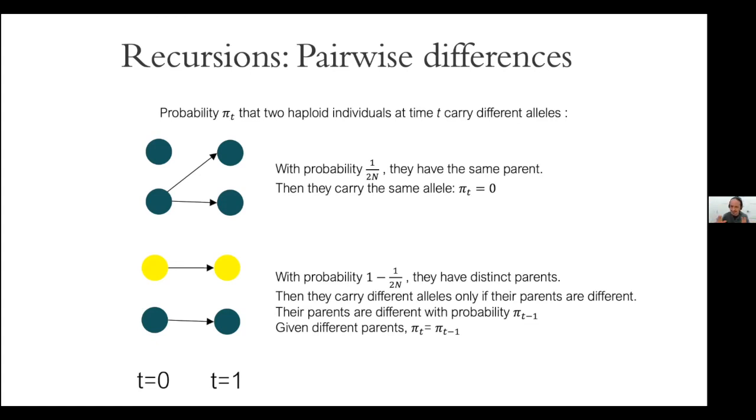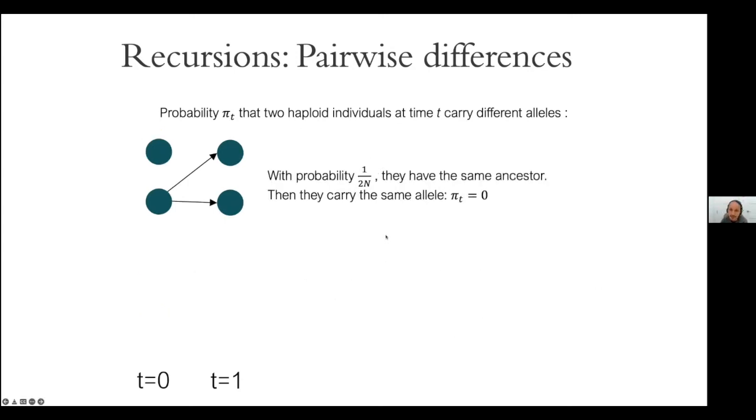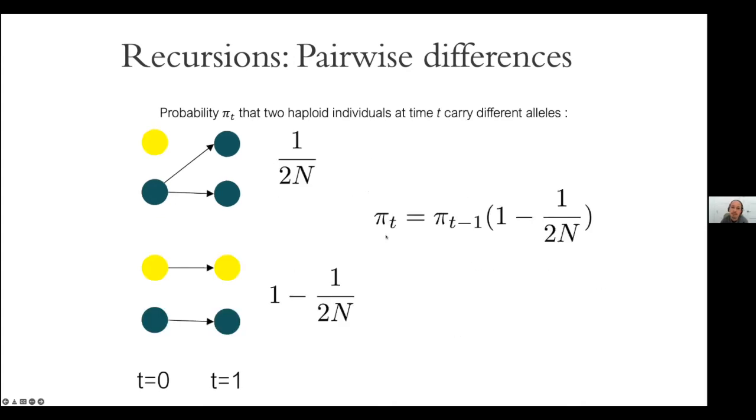Okay, so you kind of have to wrap your head around this, but it gives you this little recursion: the probability that the offspring are different here at time t is the probability that they draw different parents, 1 minus 1 over 2n, times the probability that their different parents are different from each other, which is pi at time t-1.